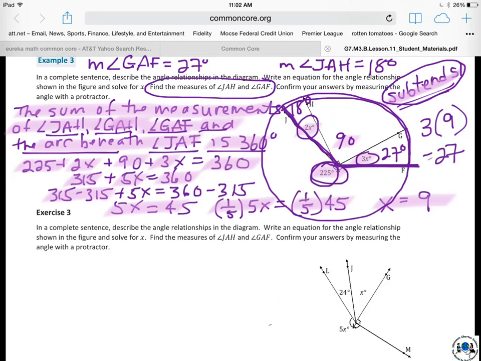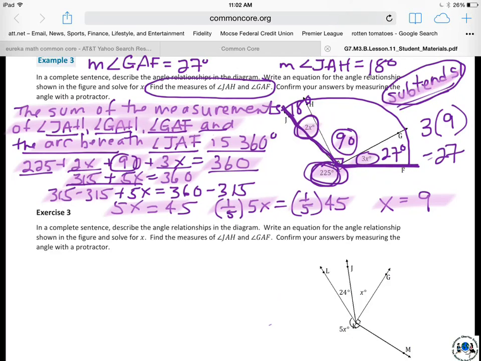So then we can create an equation from there: 225, that arc right here, plus the 2x, plus the 90, and the 90 we know because of the little square there, plus 3x equals 360. Going through the whole deal here, making zeros, making ones, we end up with x equals 9.